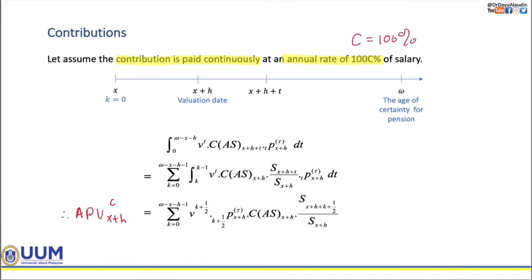So where k is equal to 0, x plus h is the current age or the valuation date starts, and x plus h plus t, and then omega is the age of certainty for pension. So after we derive this formula, we get finally the APV for x plus h is this one.